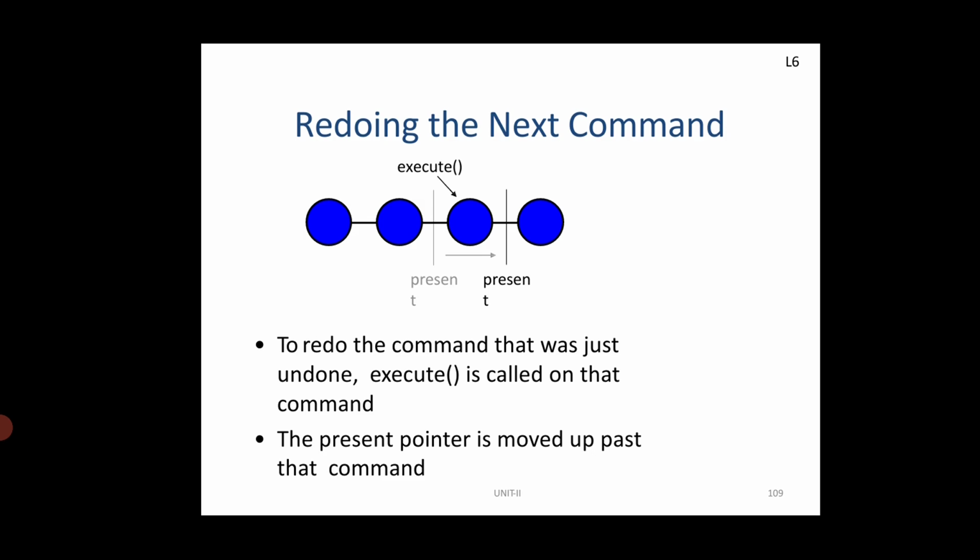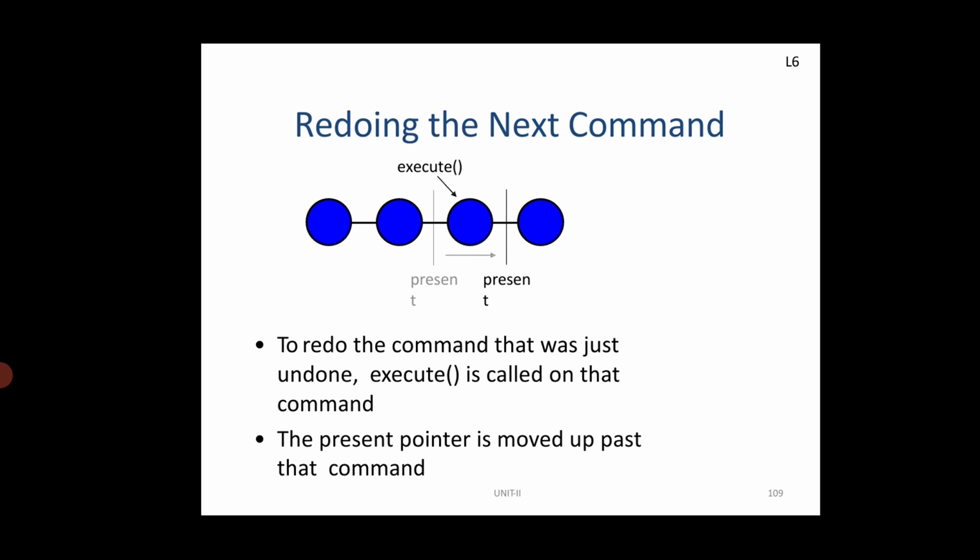Coming to redoing the next command. To redo a command that's just been undone, we do the same thing in reverse. Commands to the right of the present line are commands that may be redone in the future.